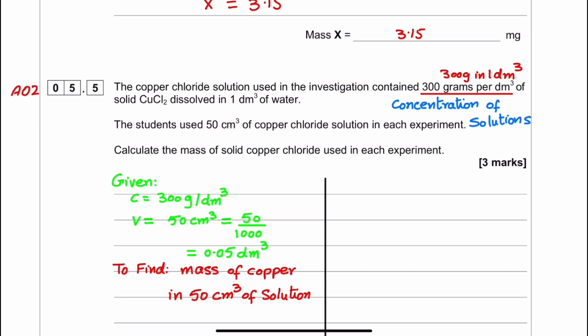The relation is 1 dm cube is equal to 1000 cm cube.